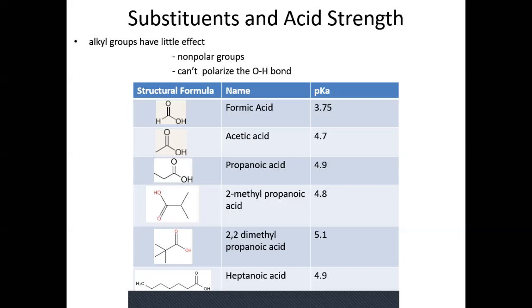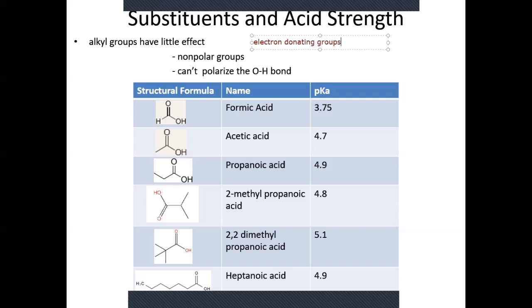So one thing we can add to acids is alkyl groups. And alkyl groups, of course, are nonpolar groups. Since they're nonpolar, they can't really polarize the OH bond. And alkyl groups are commonly referred to as electron donating groups.